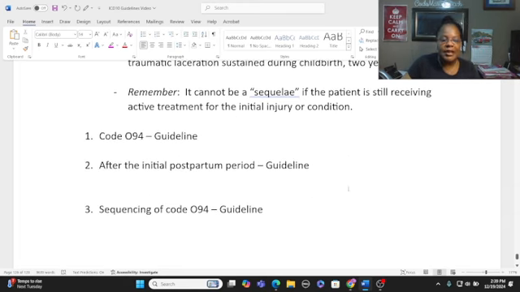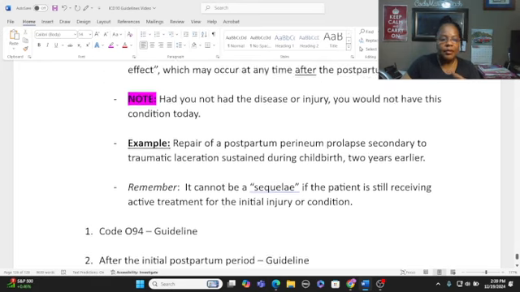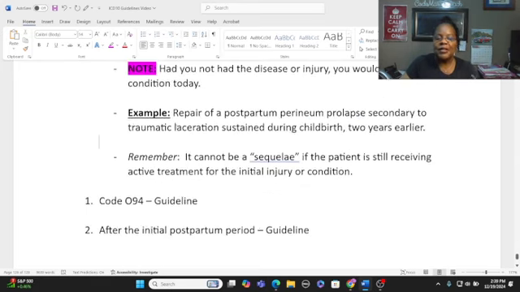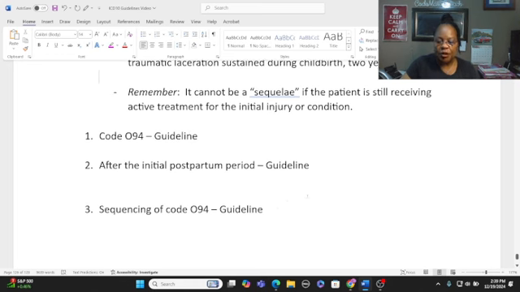All right, so let's look at, we have 1, 2, and 3, we're under, yes, P, code O94. And all three of them tell me to go to the guidelines.